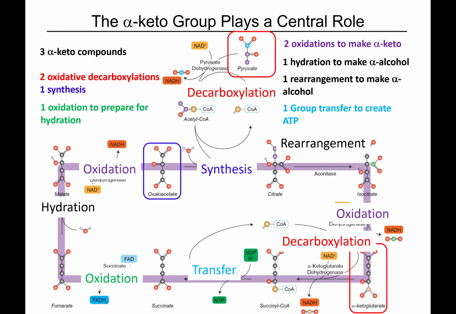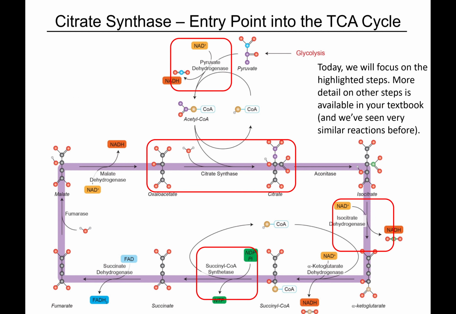It very easily could, just like we saw in glycolysis, right? We could bypass this thioester. But by forming this thioester, we end up making a high energy compound that can be utilized to make an ATP for us. Okay? So if you focus on the alpha ketone and what's needed to make the alpha ketones and regenerate the alpha ketones, I think the TCA cycle really makes sense.